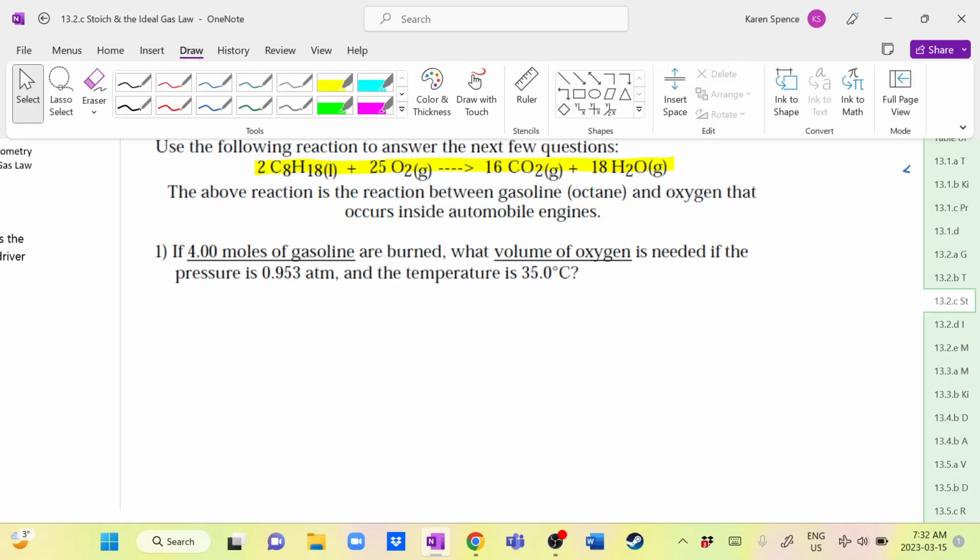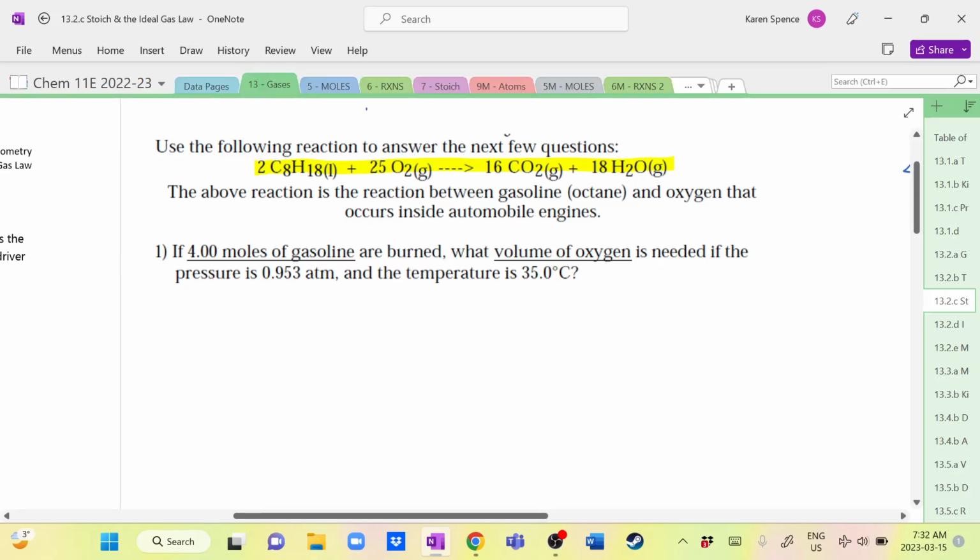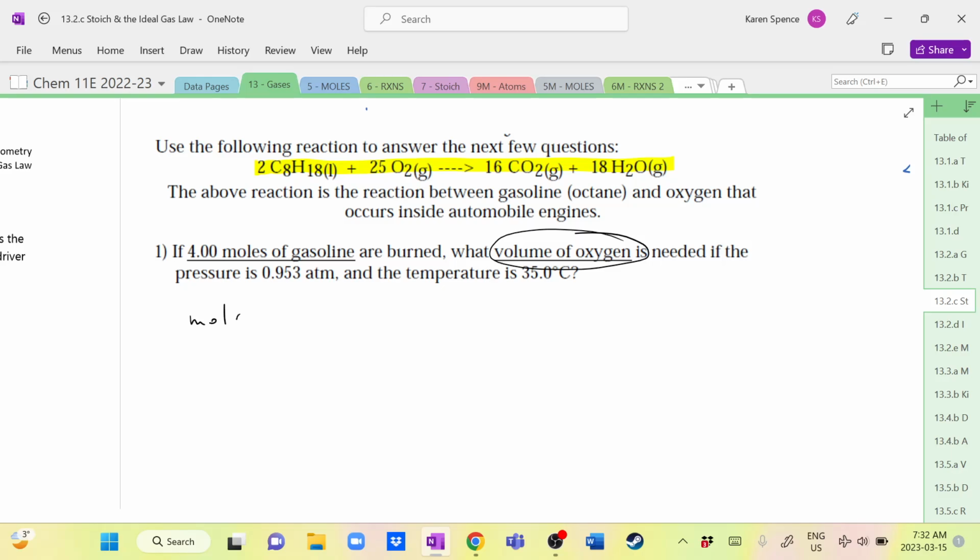All right, so we have a straightforward stoichiometry, but we want to find the volume of oxygen. In order to find the volume of oxygen, we need the moles of oxygen. We need to note that we are not at STP, so we won't be able to go straight to volume using 22.4. So instead, we're going to use our moles of oxygen.